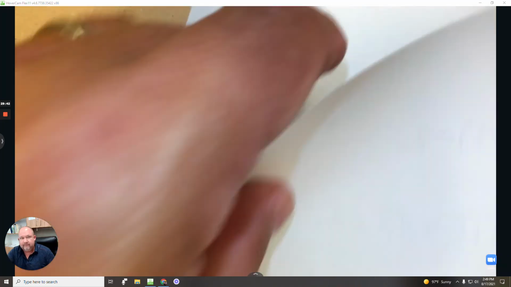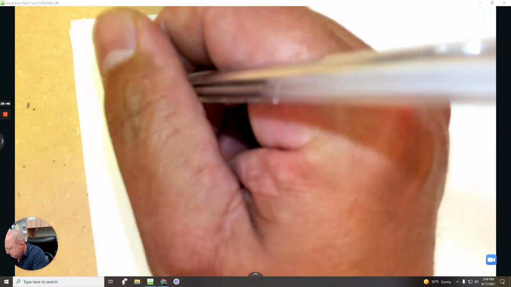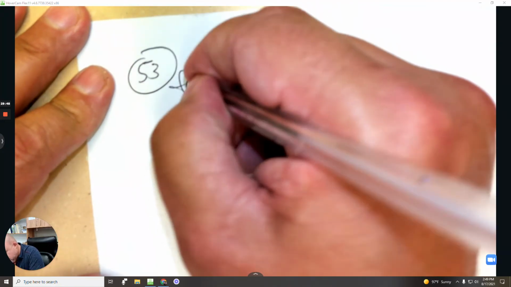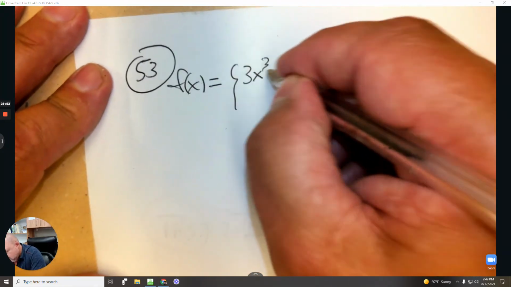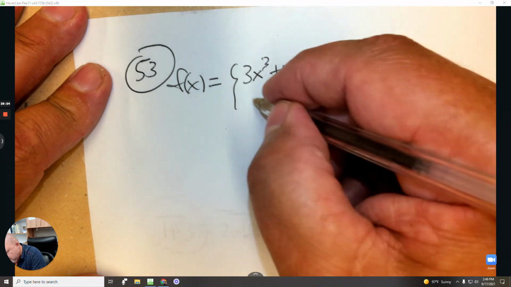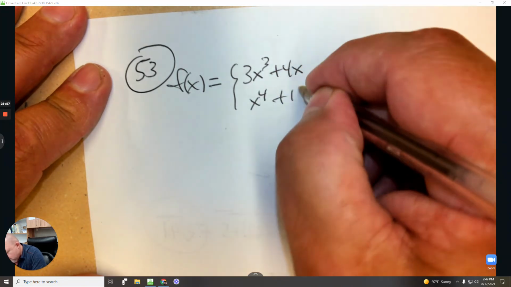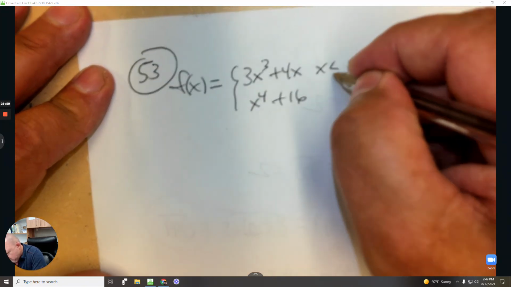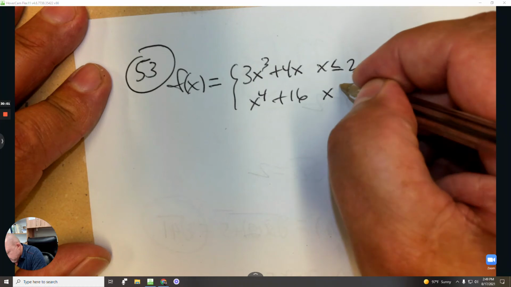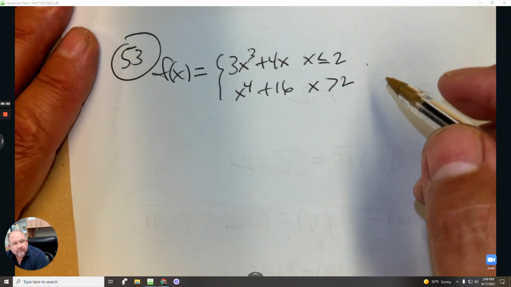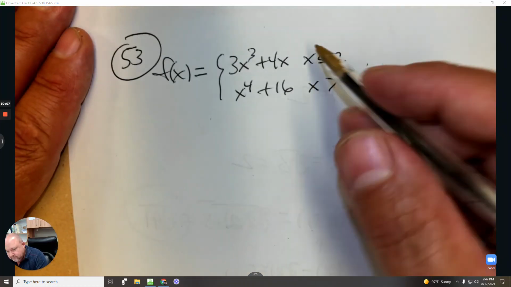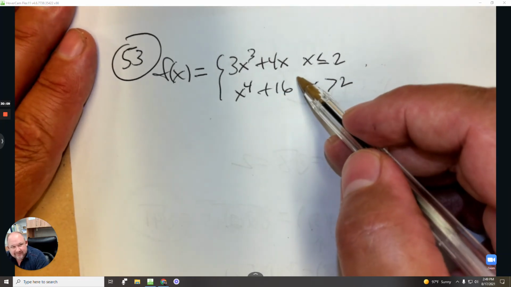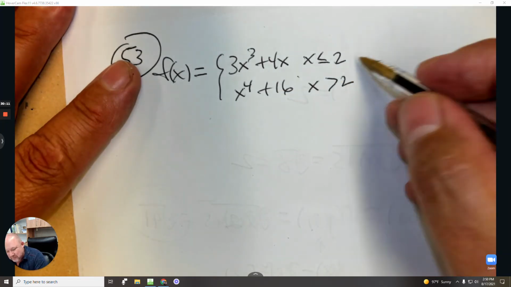53. So at positive 2, if I do the same work, you get the answer 32 on top.